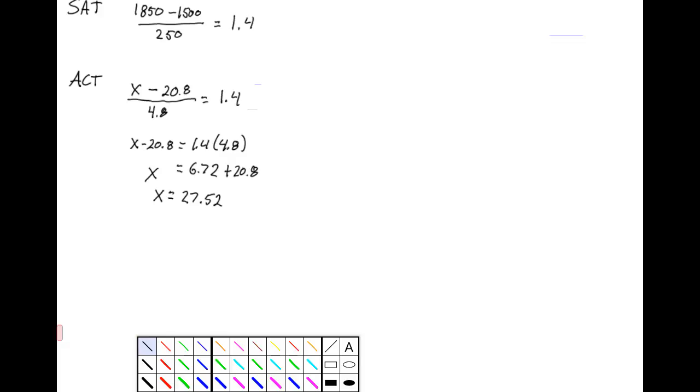So to be in the top quarter of applicants in terms of ACT score, your sister would need to have a score of at least 27.52.